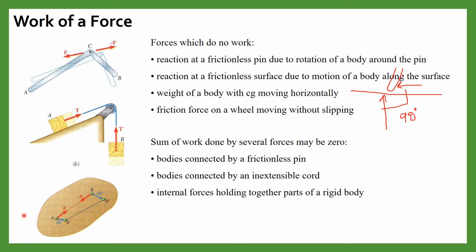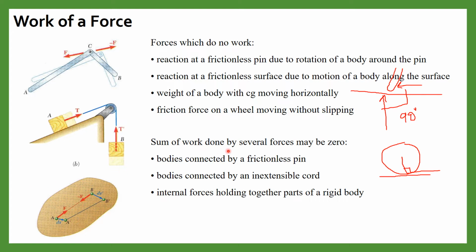Suppose this is the wheel and it is moving without slipping. The friction force acts opposite to the motion of the contact point, so they will always be perpendicular to each other. So again there will be no work.